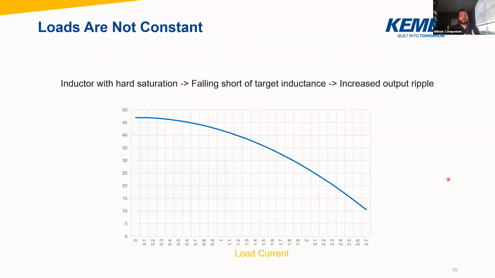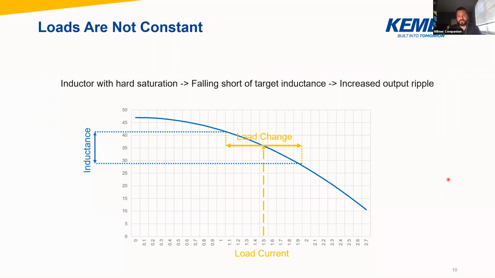And of course, why does this matter? That matters because loads are not always constant. Loads can vary. So any change in that output current, when you're operating in that hard saturation profile of an inductor, can actually have an impact on the amount of actual delivered inductance. And that variation can deviate pretty far away from your target inductance.